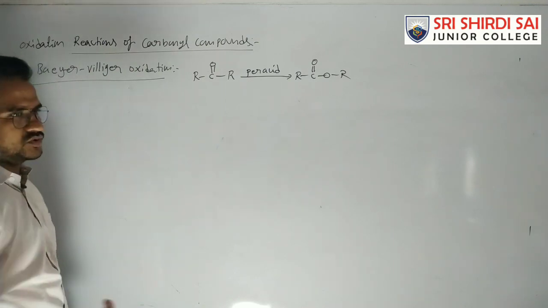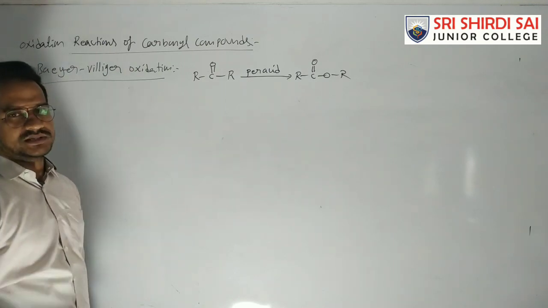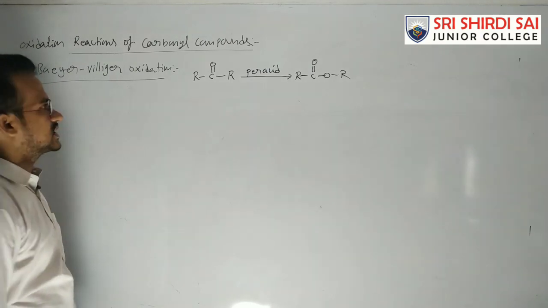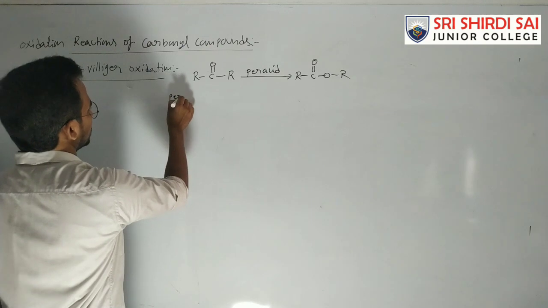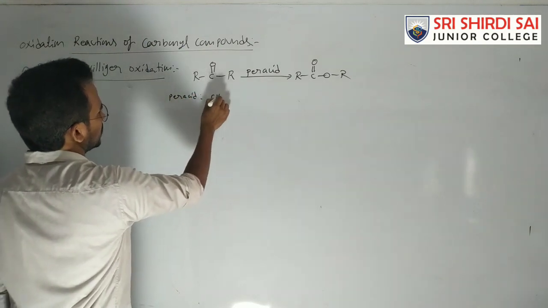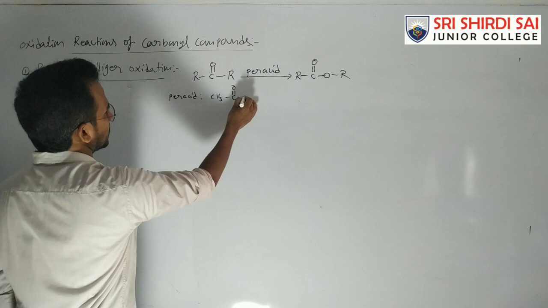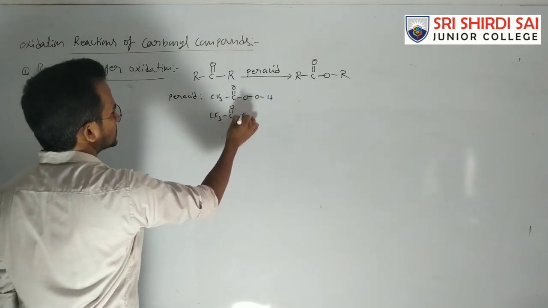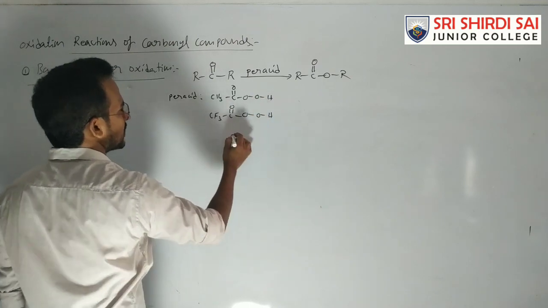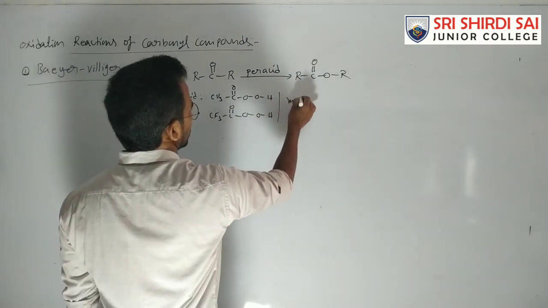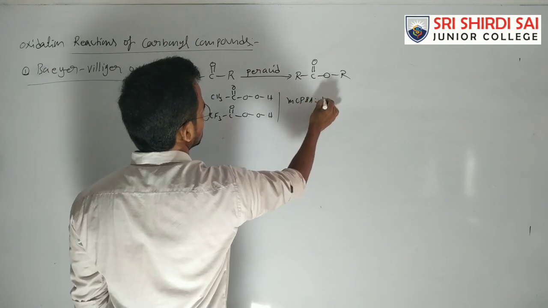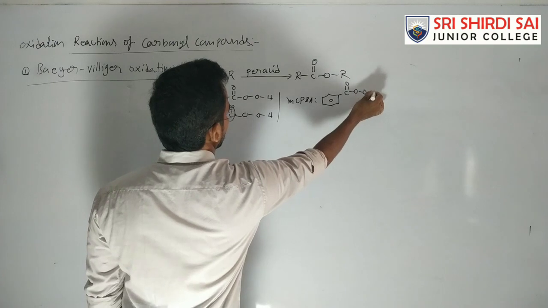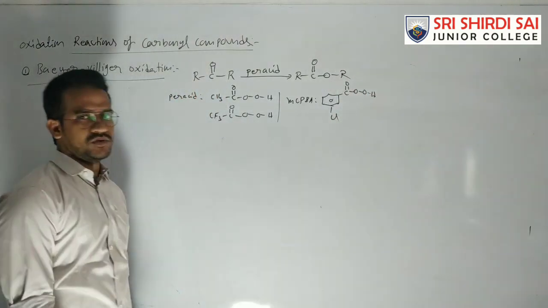Peracid means, as you know, metachloroperbenzoic acid, peracetic acid, trifluoroperacetic acid, like this. Here peracid means we can take peracetic acid, trifluoroperacetic acid, or MCPBA, metachloroperbenzoic acid.